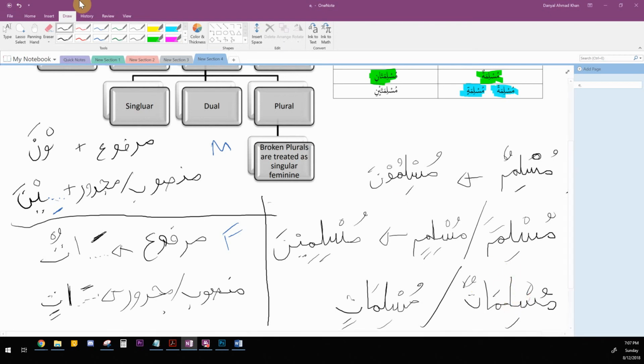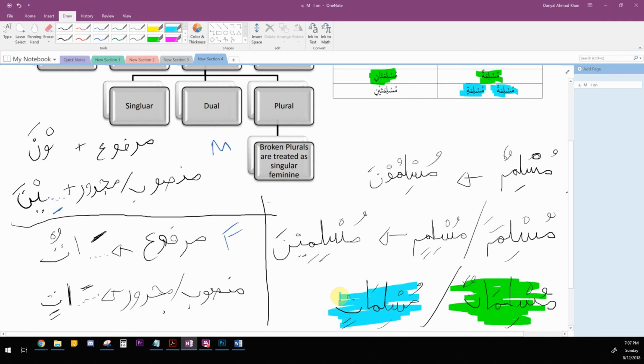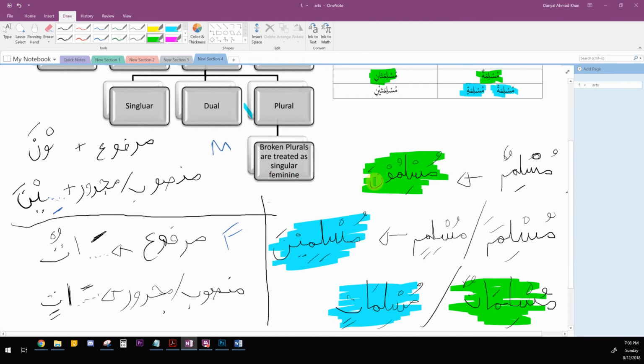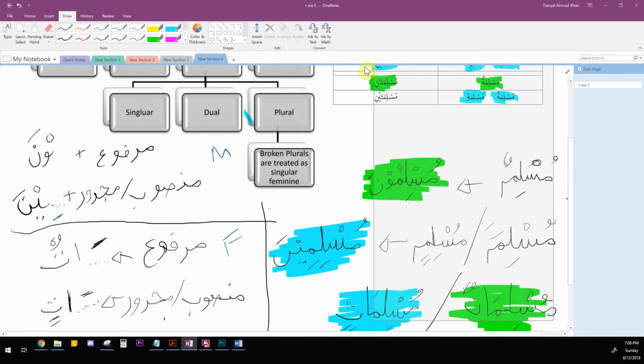Marfu' state, and the majroor and mansub state for the feminine. And here we had the mansub and majroor state for the masculine, and the marfu' state for the masculine plural. Okay, easy. We're going to now post a chart here to make life a little bit easier.